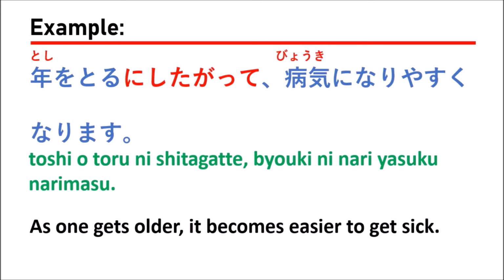Torimasu is the masu form, but we use toru, the dictionary form. So toru nishitagatte means according to getting older. Toshi o toru means you get older. So 病気になりやすくなります means you become more likely to get sick, right? Something like this. And that's how to use the grammar of nishitagatte.